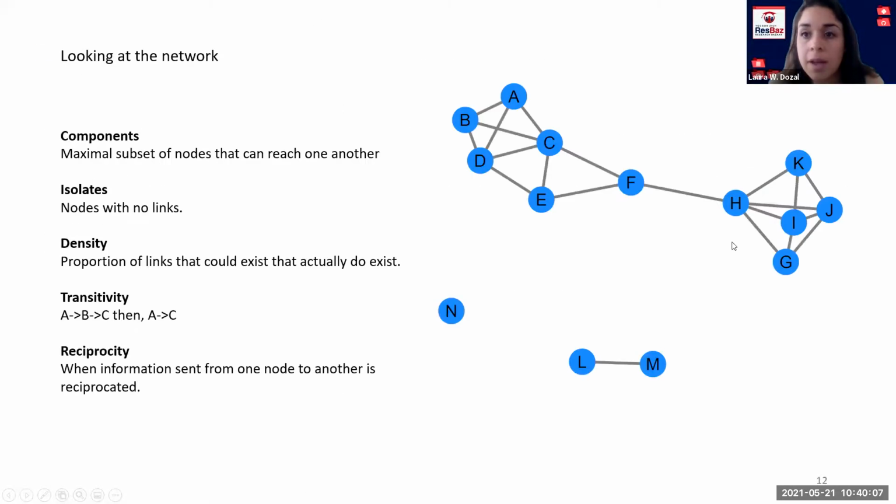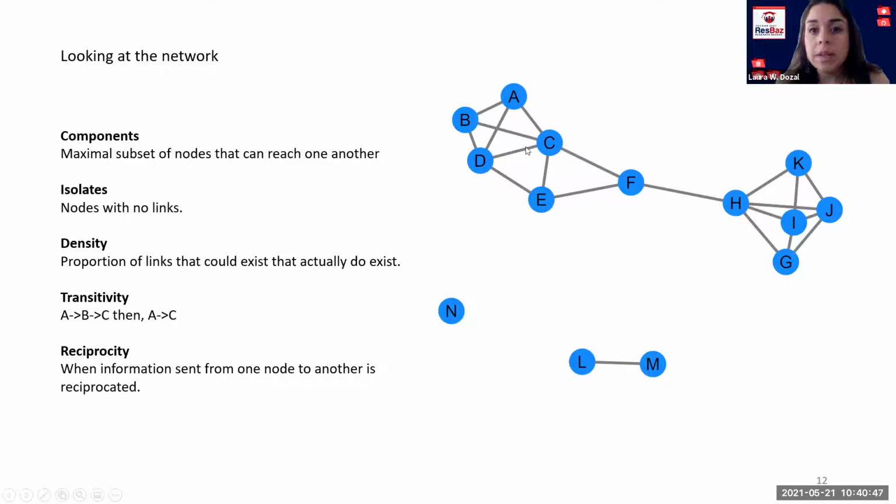If we were to go to C here, it would actually have a higher eigenvector than X in our previous visual, because the nodes that it's connected to have higher degrees. For example, D has 4 degrees, and C has 5 degrees. So we're looking at the number of degrees C has over the degrees of each of its relations.